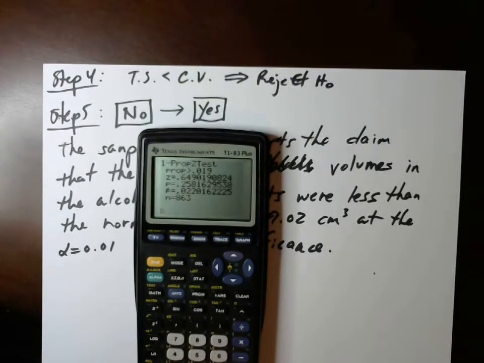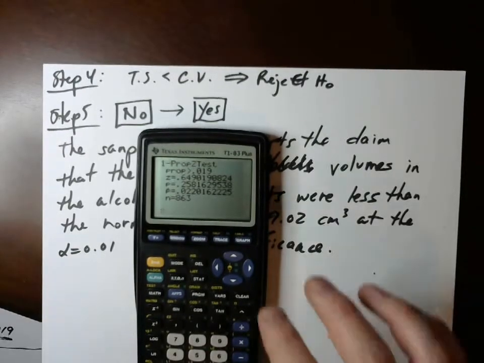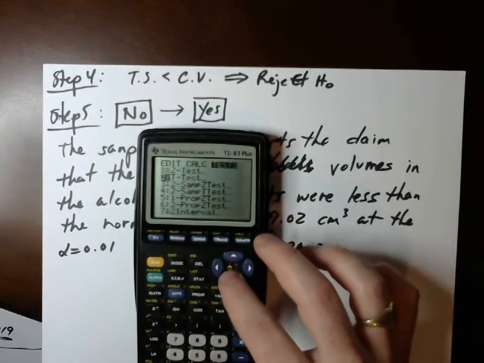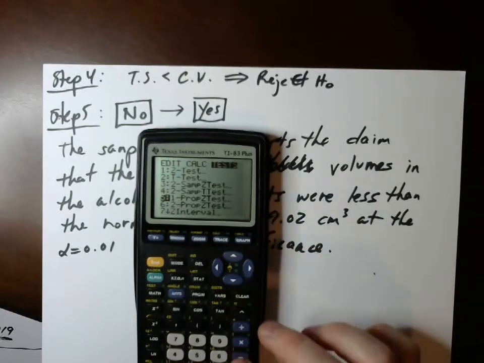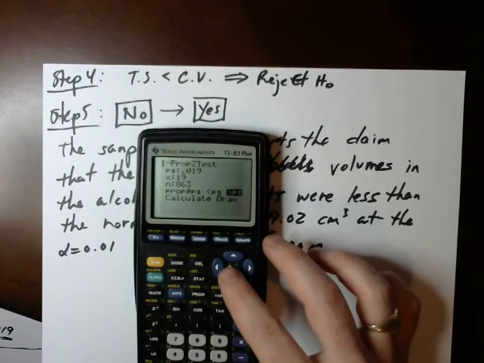And as you can see, we got the same, actually, what happened? 863, 0.019. Wait, where am I? Let me make sure I entered this in correctly. 1-PropZTest, 0.019.